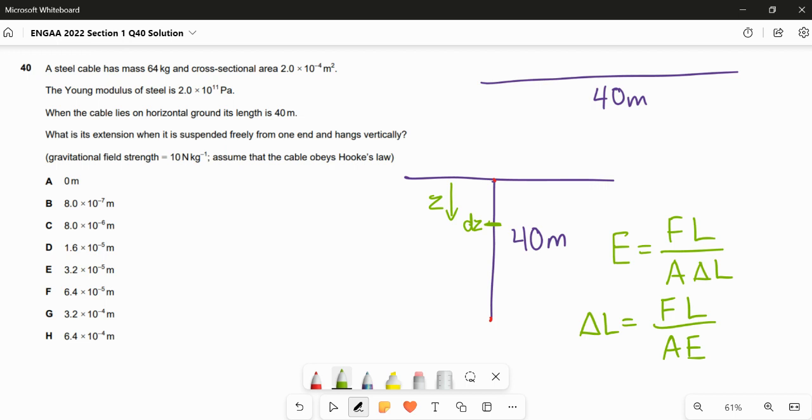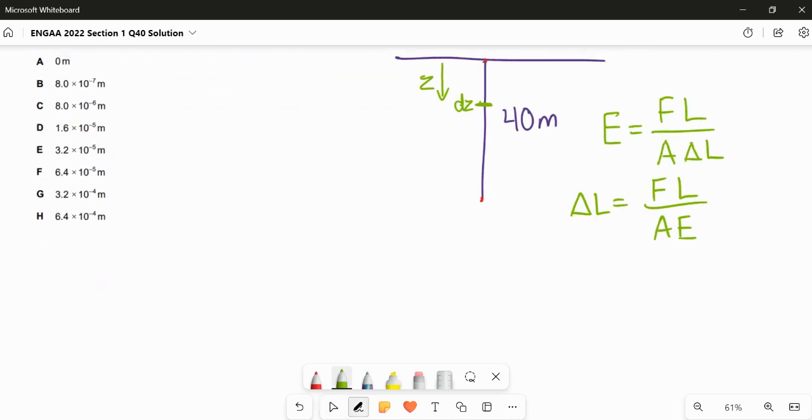Now, the natural length of the little section I've put is dz, so I'll put L as dz. So the little extension is dz. The mass below that section would be the total length of the wire minus z. So if L here was the total length of the wire, which is 40, dz here is the natural length of just that element of the wire.